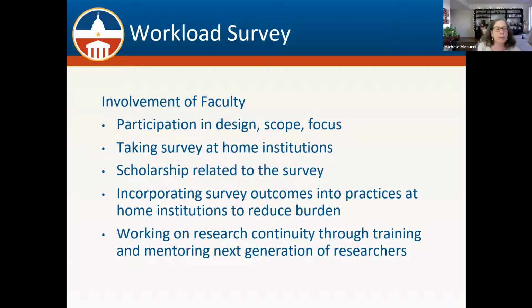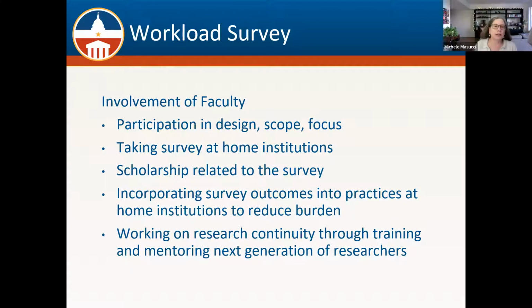One of them has to do with the design, scope, and focus of the survey. We do have a survey instrument that's been implemented. It was amended in the last cycle from the prior 2 cycles, and I'm sure we will update that instrument again.